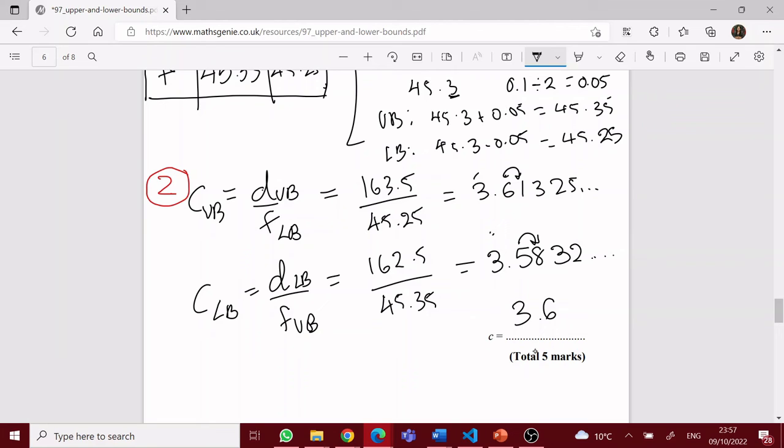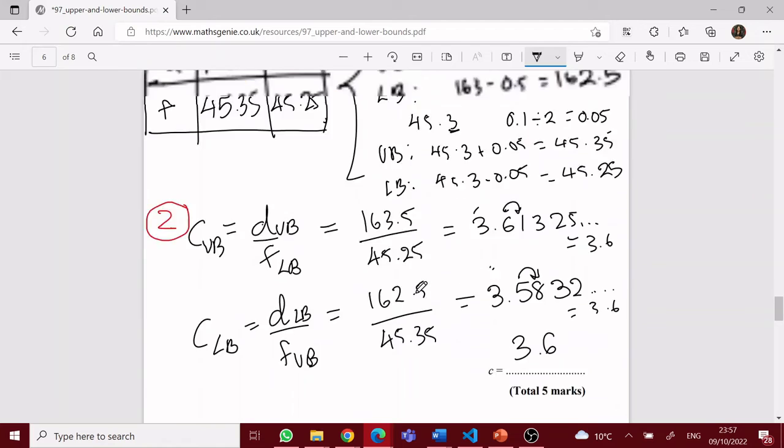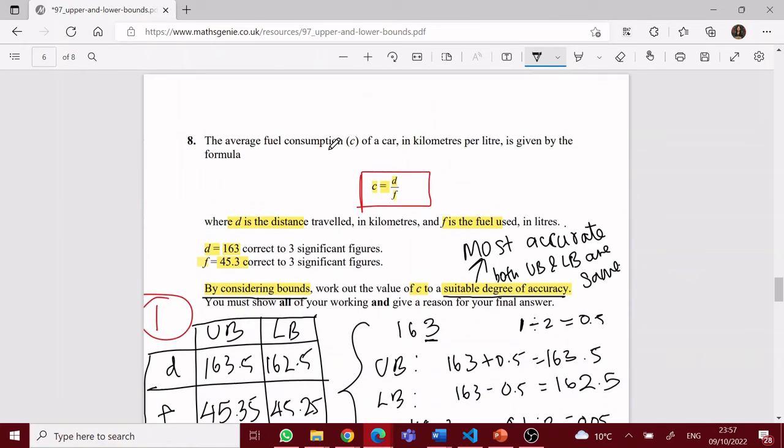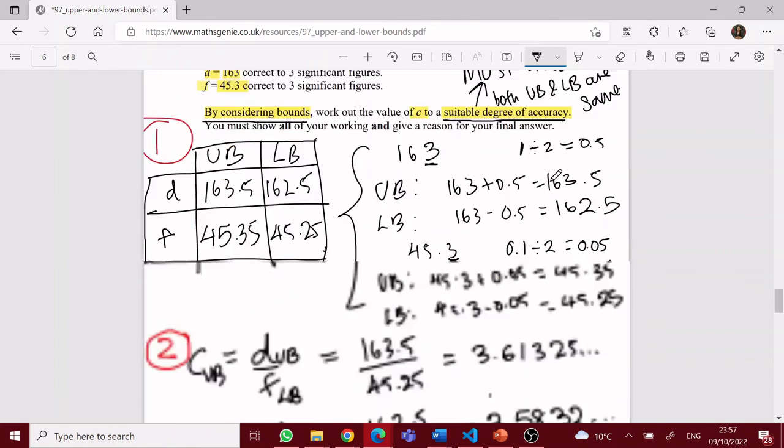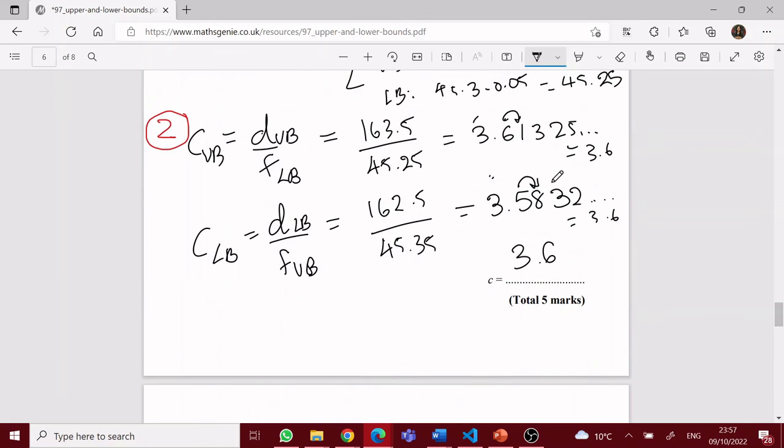So when both of these are rounded, it will give you 3.6. So what is my final answer for C? It is 3.6. And what is the unit? C is kilometers per liter. So 3.6 kilometers per liter is my final answer.